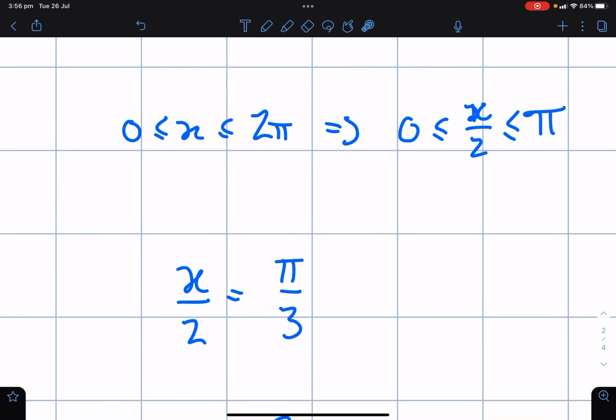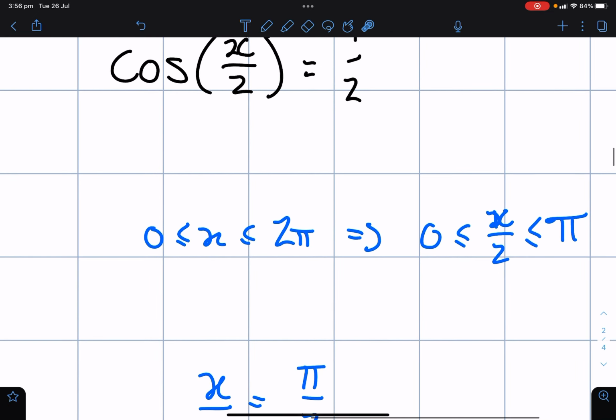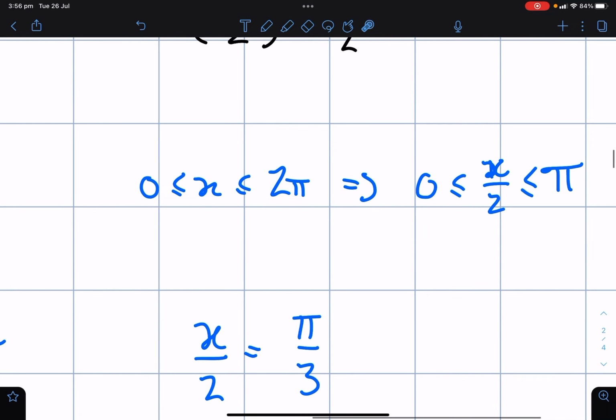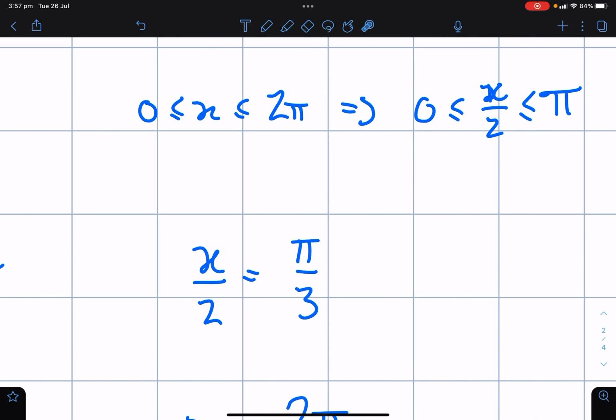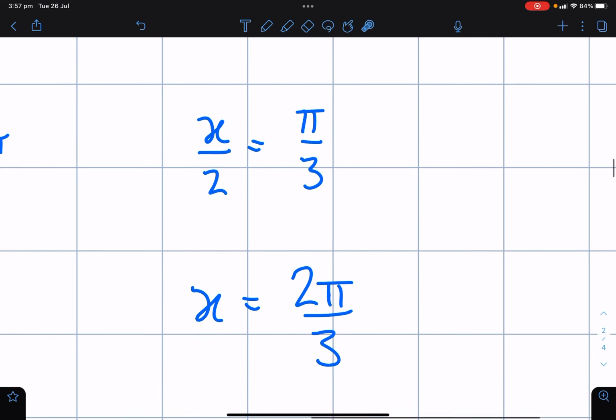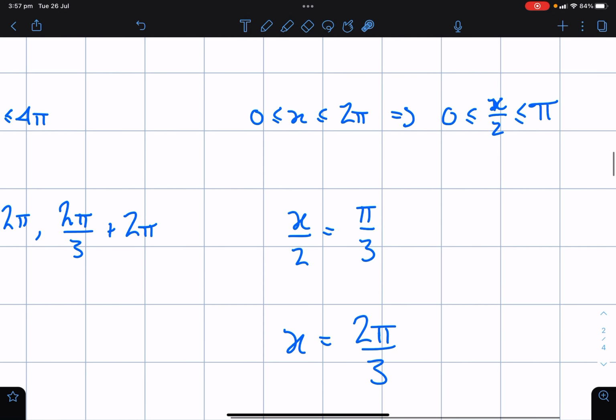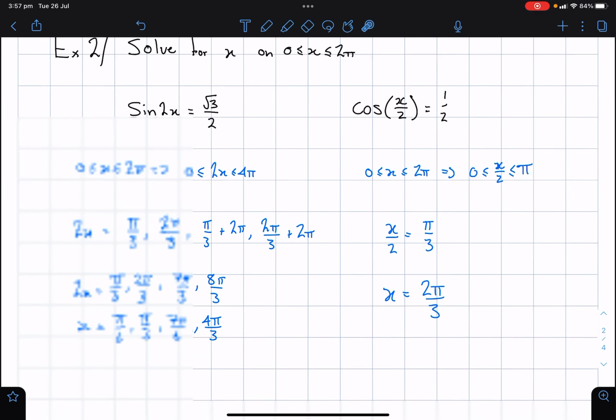The only angle that gives cosine of x divided by 2 equaling a half is pi on 3. So x on 2 equals pi on 3. Times both sides by 2 to get x by itself, and we're left with x equals 2 pi on 3.